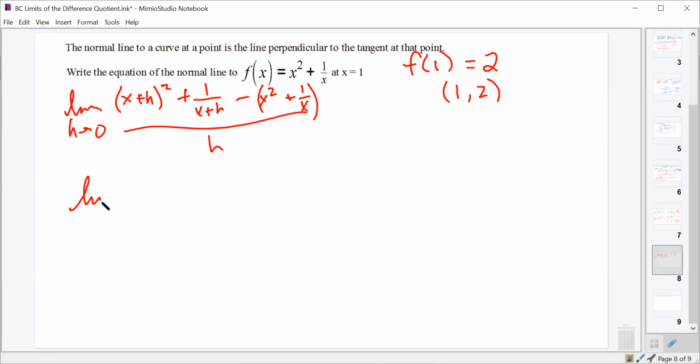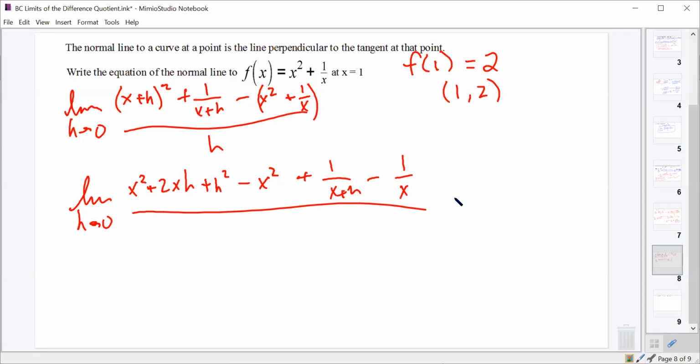So that's going to give us the limit as h approaches 0 of x squared plus 2xh plus h squared, I'm going to do this minus x squared first, and then I've got a plus 1 over x plus h and a minus 1 over x, and it's all over h. Getting a common denominator for all of this is going to be a pain, so it makes a little bit more sense to separate it into two different limits.